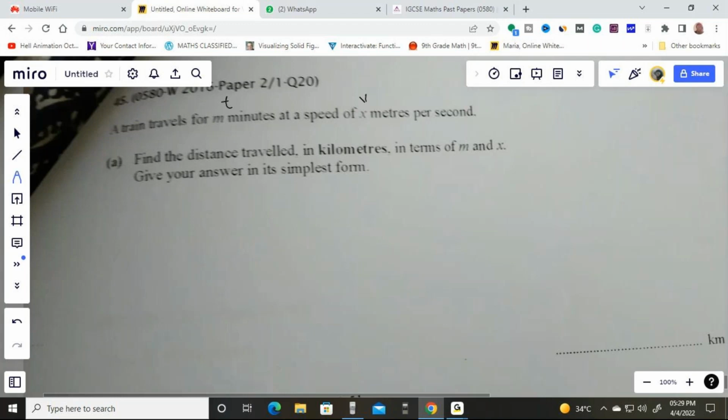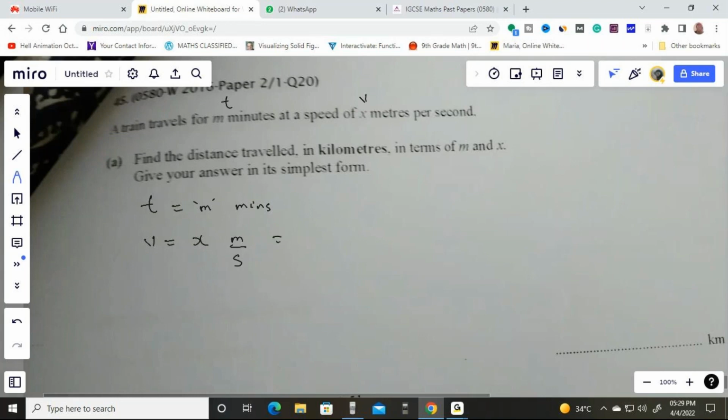You need to make your units the same. I like minutes, so I need to convert my speed into kilometers per minute. I keep time as it is: m minutes. And my speed is x meters per second.